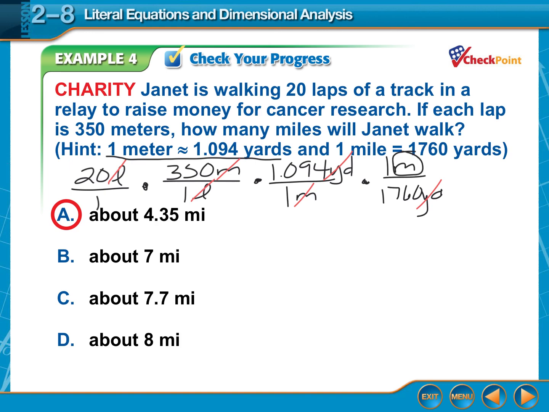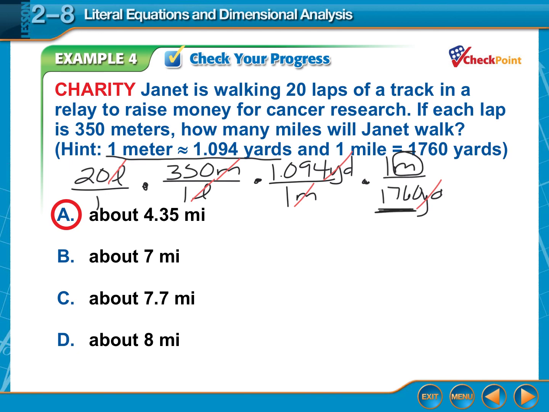How do we solve this? Type it out in the calculator. We're just multiplying straight across now. So we have 20 times 350 times 1.094. Do we have anything left on the bottom? Oh, 1,760.